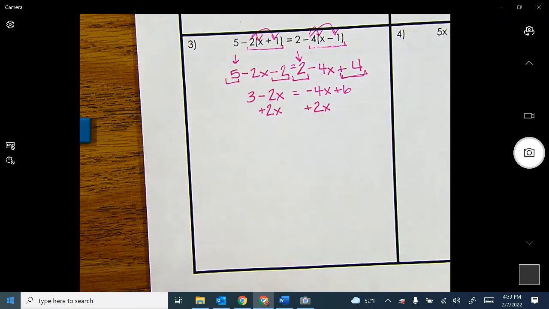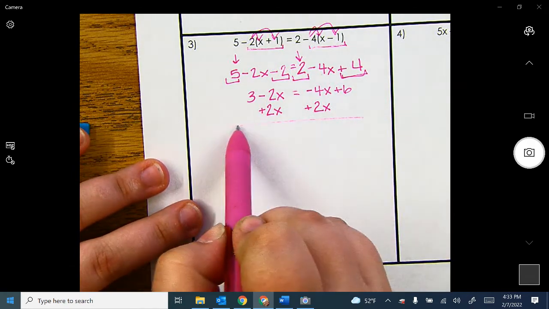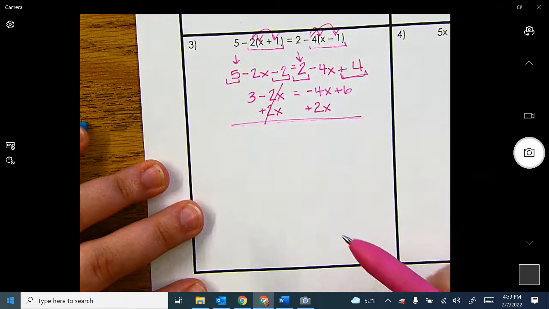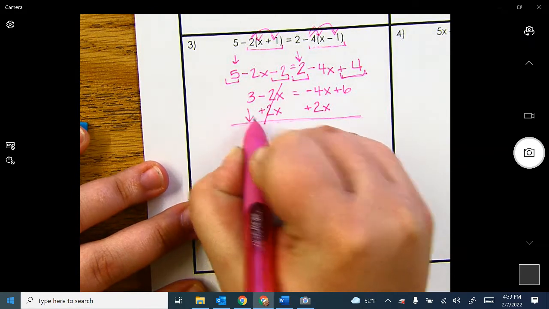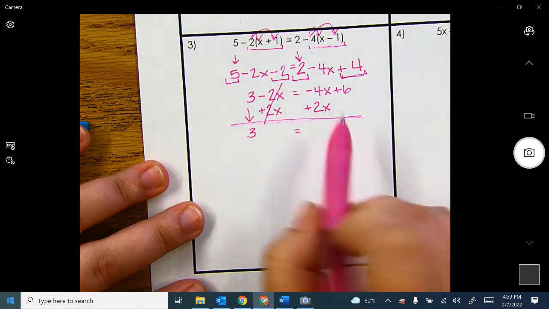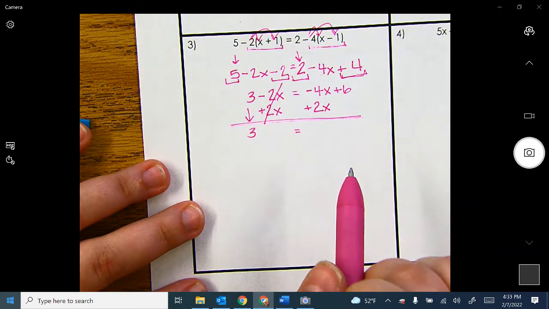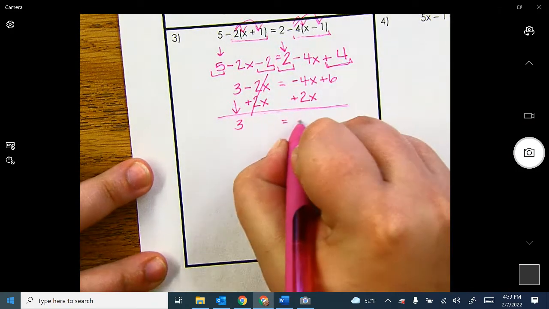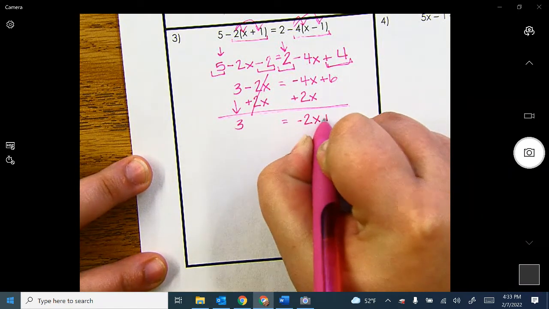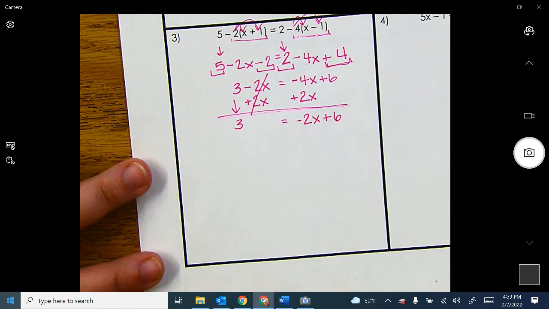So those cancel each other out. By adding 2x here, those go away. That's 0. So now I just have my 3 left over here. On my right, I had negative 4x, but then I added 2 positive x's. So now I have negative 2x, and I still have plus 6.